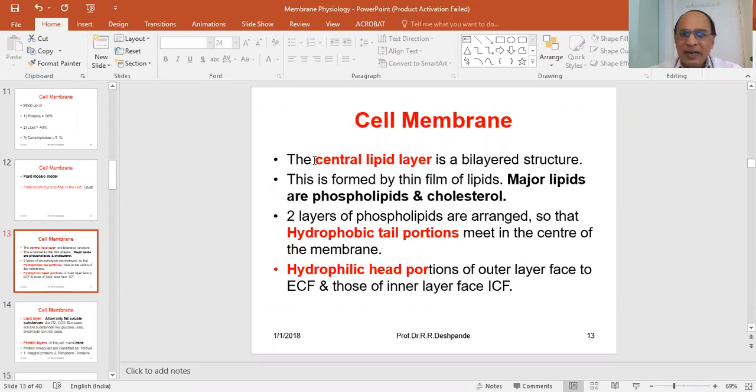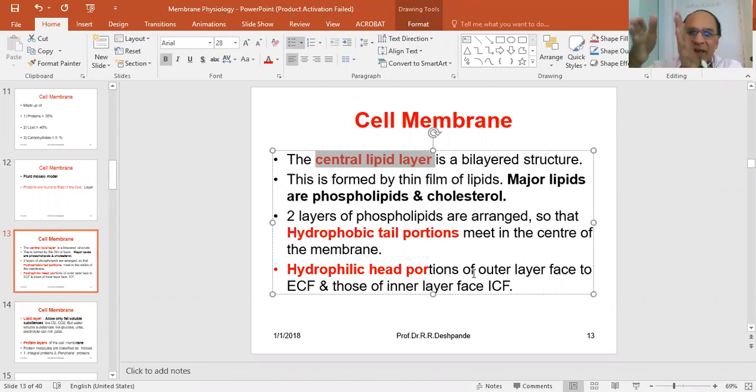This is a central lipid layer. Always there is a central lipid layer, which is a bilayer structure. It is formed by a thin film of lipids. What are the names of the major lipids? Phospholipids and cholesterol. Here you can understand the importance of cholesterol. We always criticize cholesterol, but it should not be criticized.